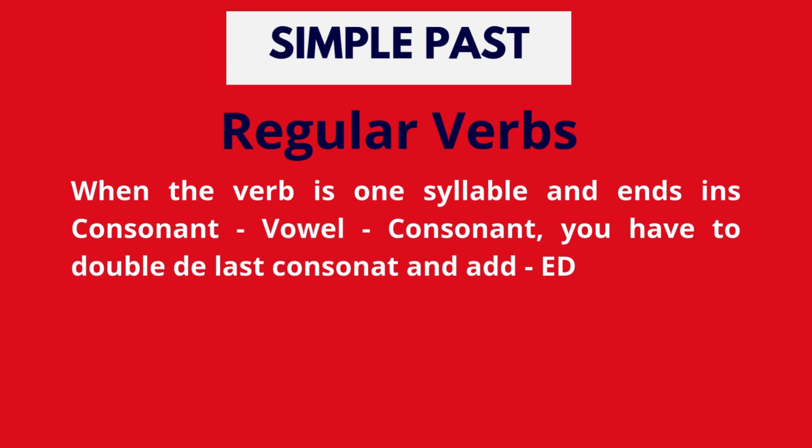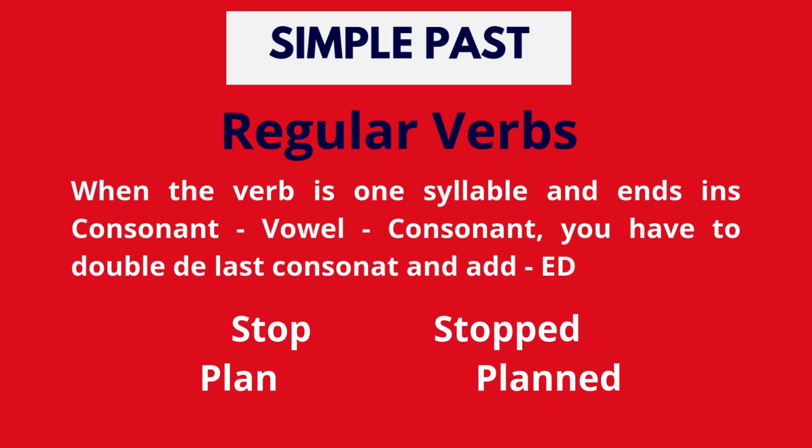Now, the next rule. When the verb is one syllable and ends in consonant, vowel, consonant, you have to double the last consonant and then add ed. For example, we have stop. Stop is only one syllable and it finishes in consonant, vowel, consonant. The last consonant is p.